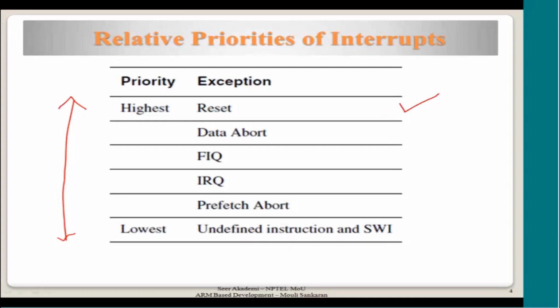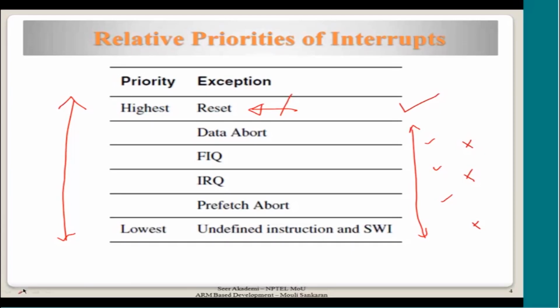We don't want the restarting of the system taking more time. It could be any of these exception handlers itself being executed right now, and the reset is given. Then the processor should stop whatever it is doing and start executing the reset handler. So that's why reset is given the highest priority.